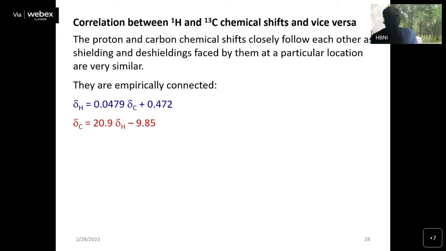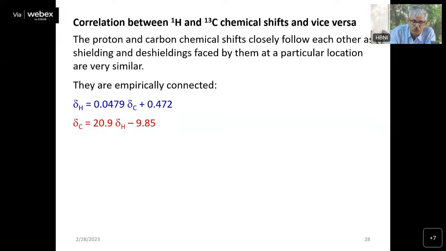Now this is a very important thing: if you know the chemical shift of a proton, you can tentatively tell what should be the chemical shift of the carbon to which this proton is attached, or vice versa. This is again an empirical relation which has been found by studying thousands of compounds.